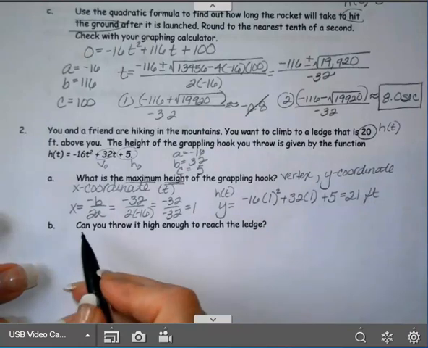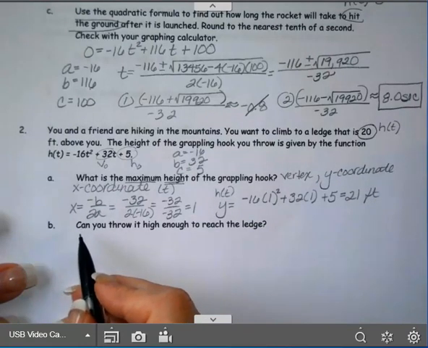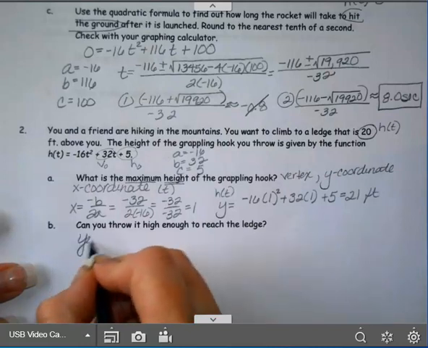And the next question asks, can you throw it high enough to reach the ledge? And so, yes.